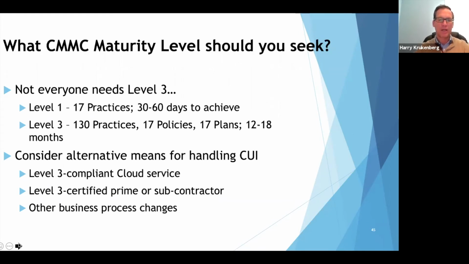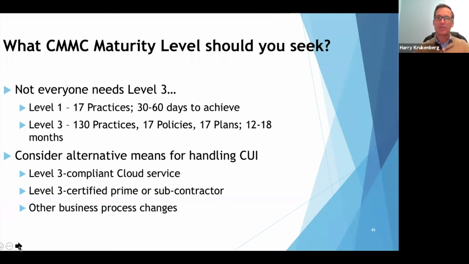There's also the alternative of a level 3 certified or compliant prime or subcontractor. The government has actually, in the CMMC accreditation body, in their trainings, shown examples where a prime contractor is certified at level 1, but there is a subcontractor on that team who is certified at level 3.